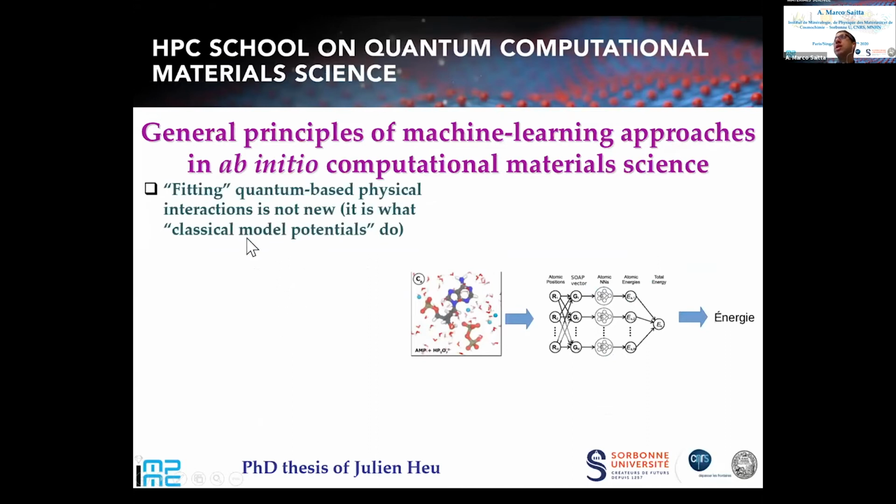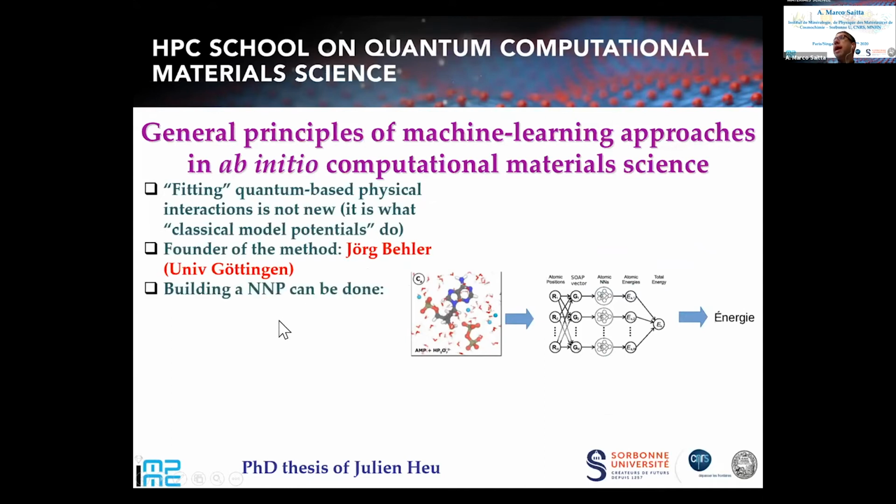Of course, this is more than a fit, though classical model potentials have done fits for a long time. A word to mention Jörg Behler, with whom we work in the framework of the PhD thesis of Julien.